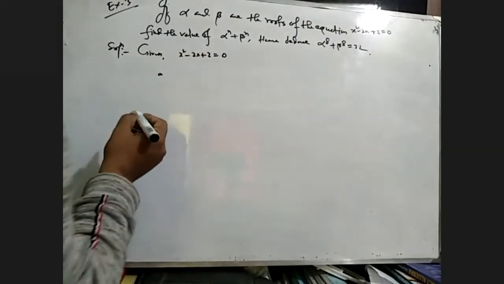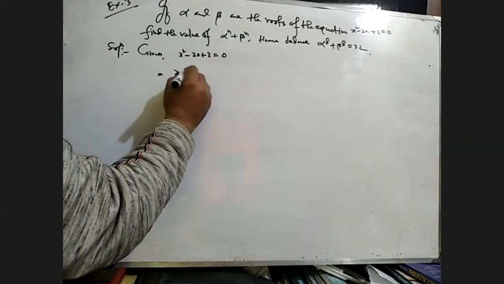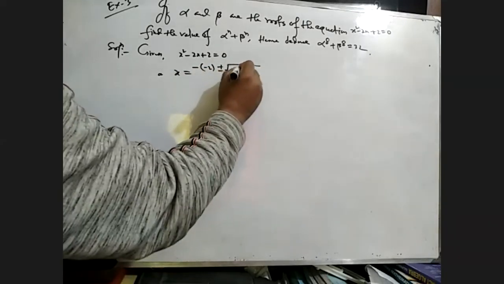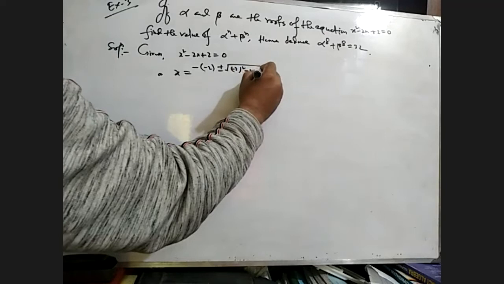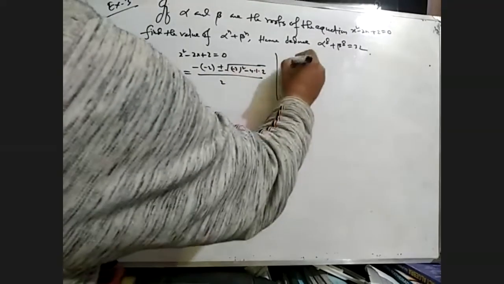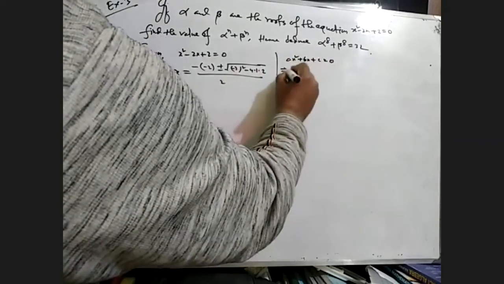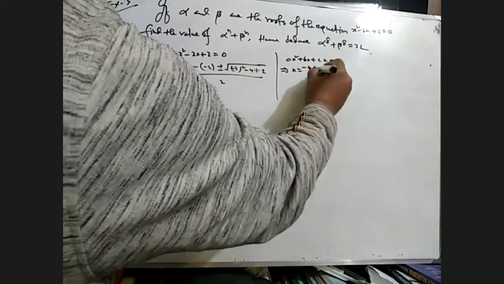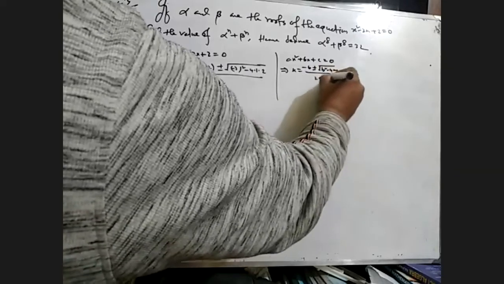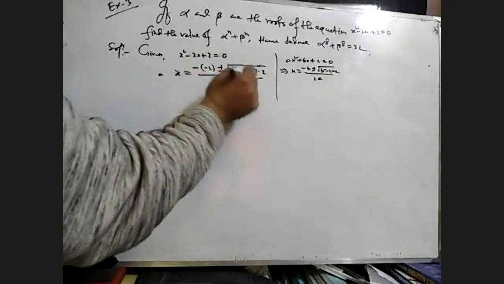Just solving this quadratic equation, x equals to minus b plus minus square root b square minus 4ac divided by twice a, comparing with x square plus bx plus c equals to 0. Here a equals to 1, b equals to minus 2, c equals to 2.